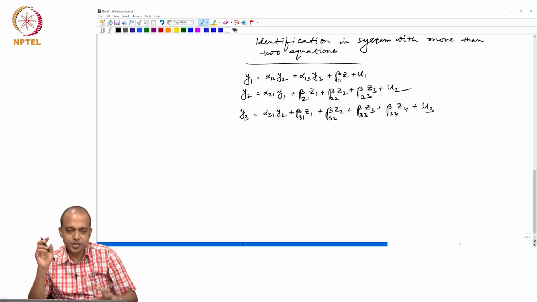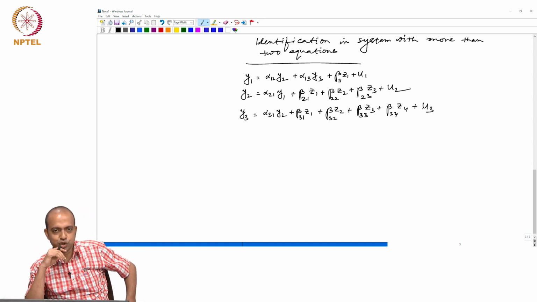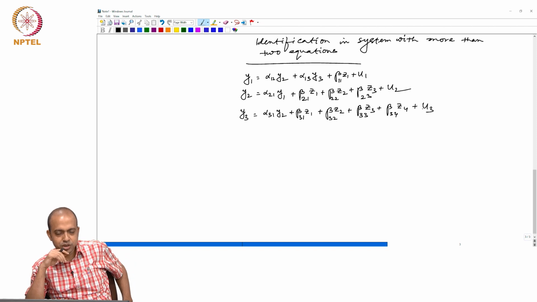So, this is a system with more than 2 equations. We have 3 equations, sometimes we have more than 3 equations also.